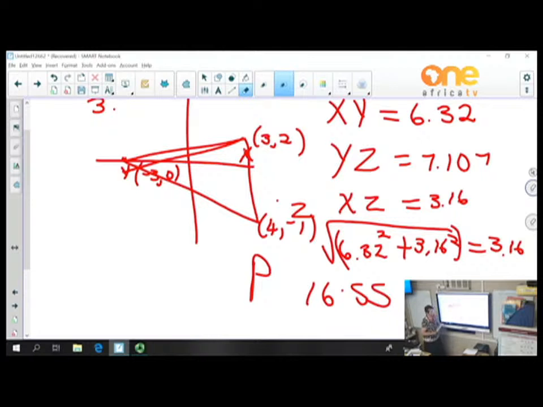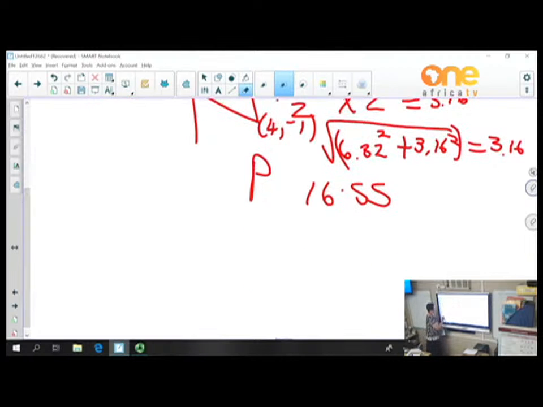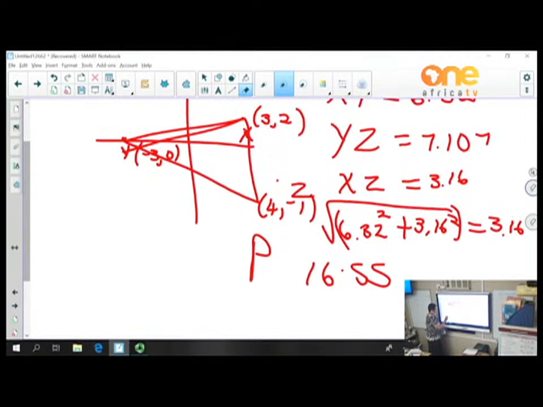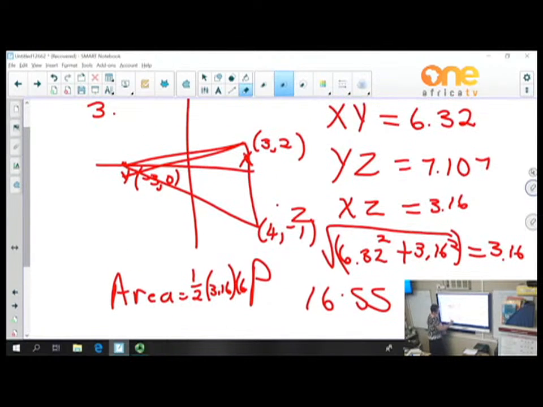This is not the base and the height. The base and the height must be perpendicular. So the area is then going to be a half of 3.16, and what's the other one? 6.32.